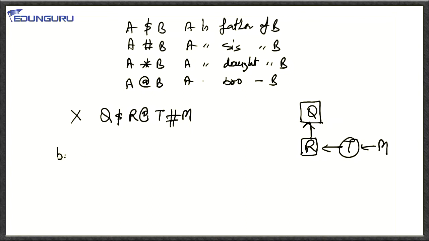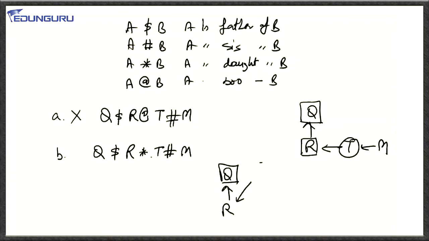Option B, Q $ R * T # M. Q $ R means Q is father of R. R * T means daughter, so R is daughter of T. It means Q and T are husband and wife.